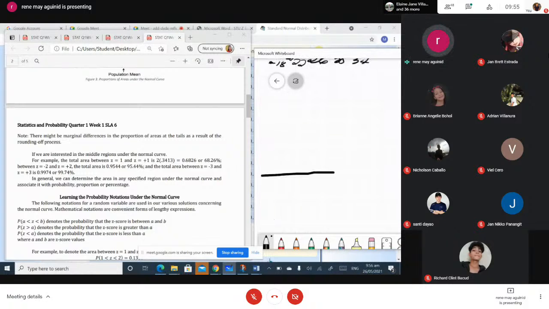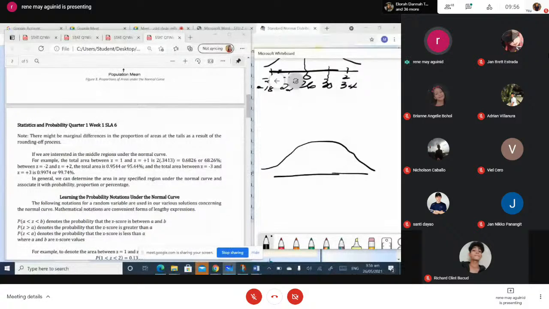Kasi buhaton ninyo if you're going to get the area in between -1 and +1. Dili ang 0. Kasi mo answer ani. Kung saan pagkuha sa area aning duha, kaning nag-shade ng tanan.